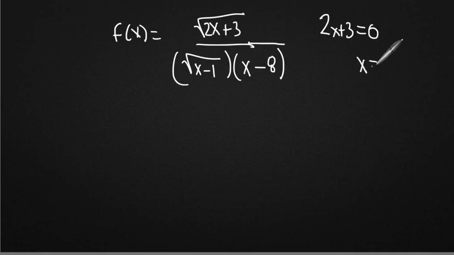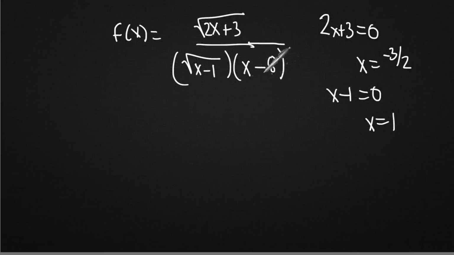When we do that, we get negative 3 halves. We're going to take this x minus 1, set that equal to 0, and we get x equals 1. Then we're going to take the denominator and set that equal to 0, and we're going to get x equals 8. So these are our three special numbers.